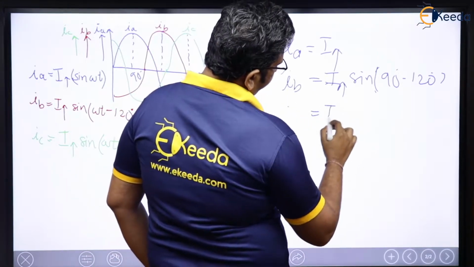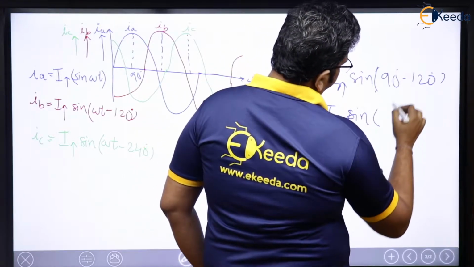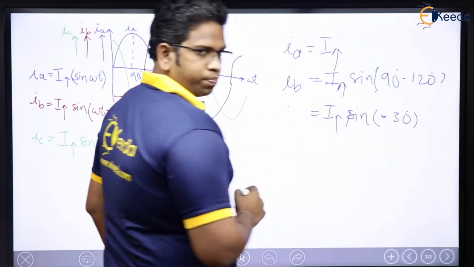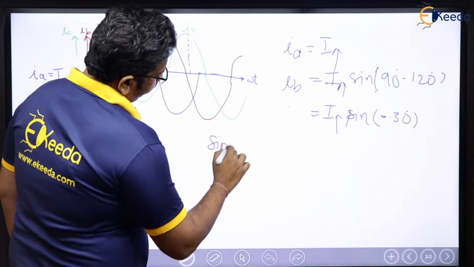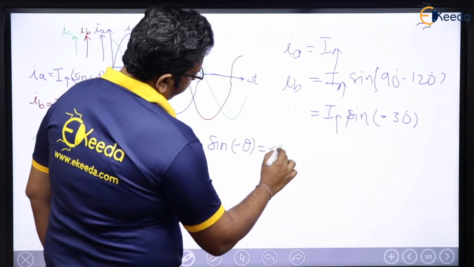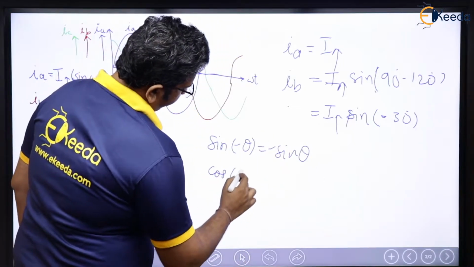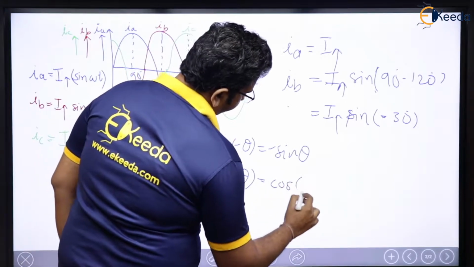Now, this is equal to I maximum into sine of minus 30 degrees. Right? From trigonometry, we know that sine of minus theta is equal to minus sine theta, and cos of minus theta is nothing but cos of theta.